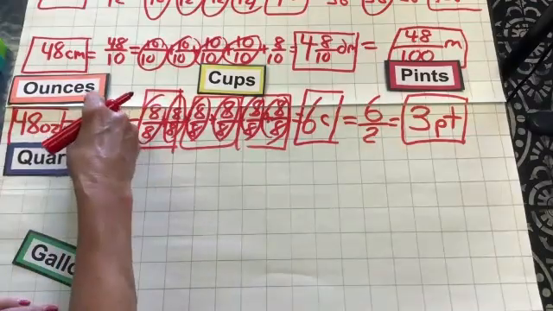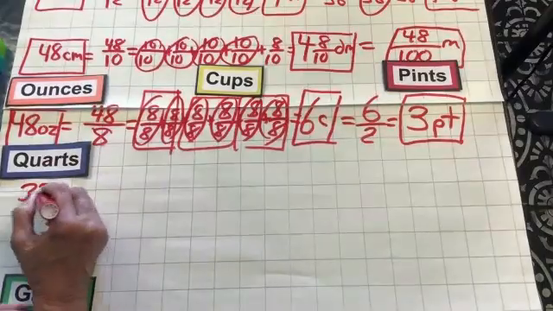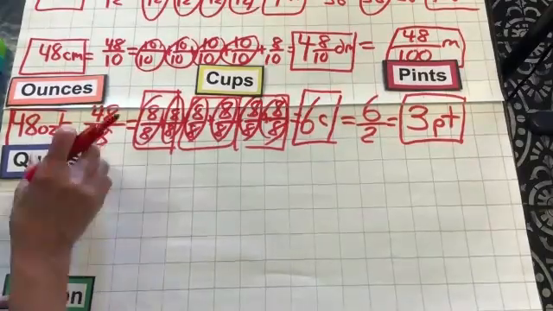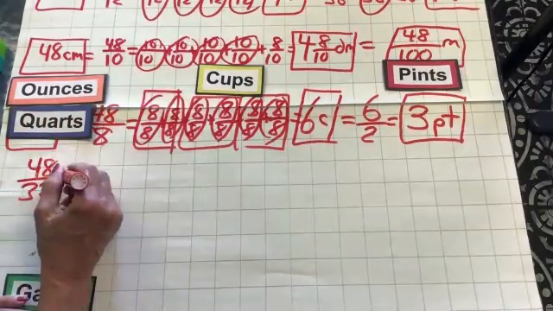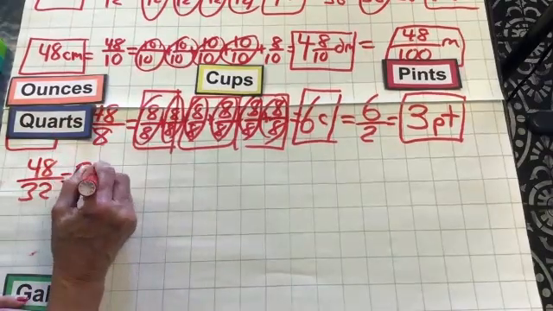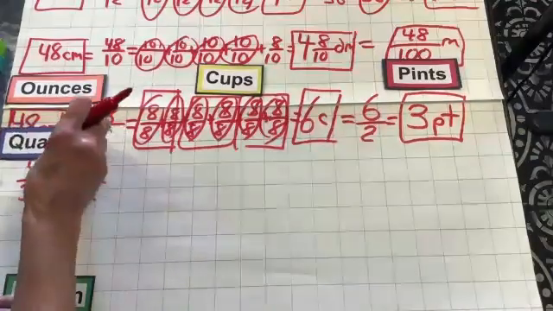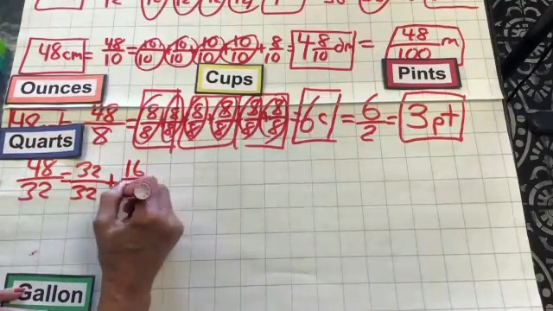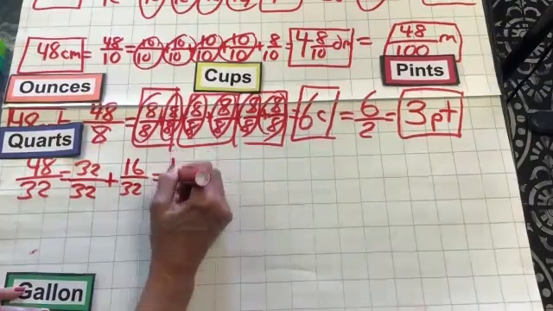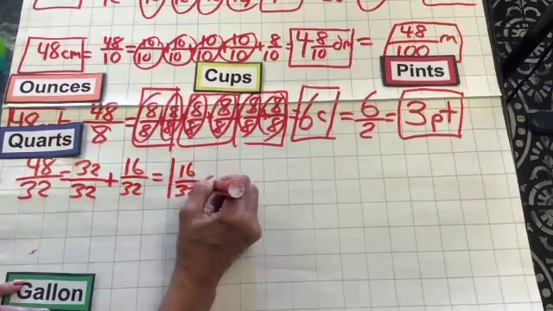All right, here we go. We're just playing with these numbers, letting our brains do a lot of the work here. So if we have 32, it makes a quart. So we have 48 out of 32. So that would be 32 over 32 plus 16 over 32 equals 1 16/32 of a quart.